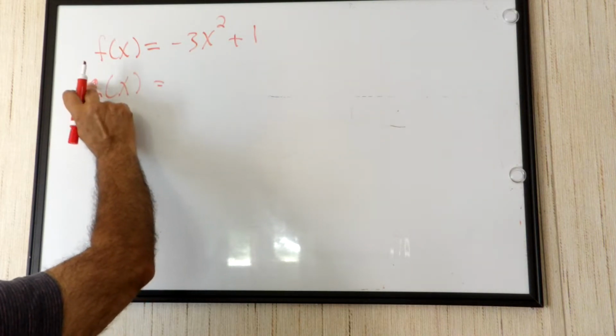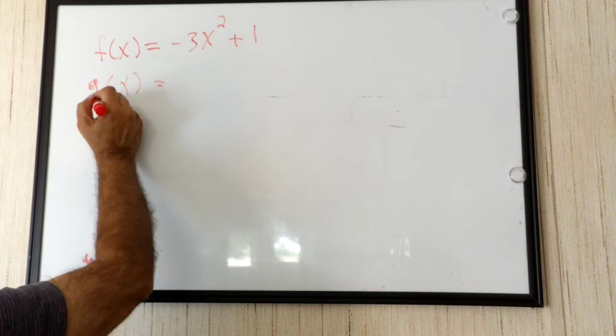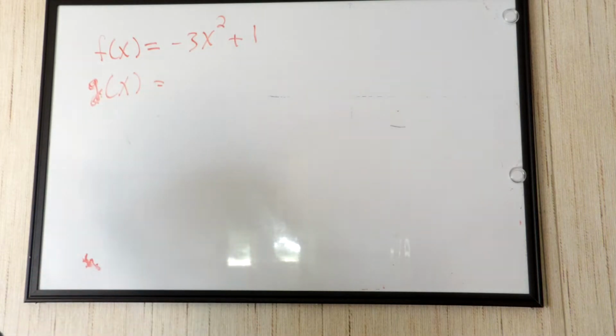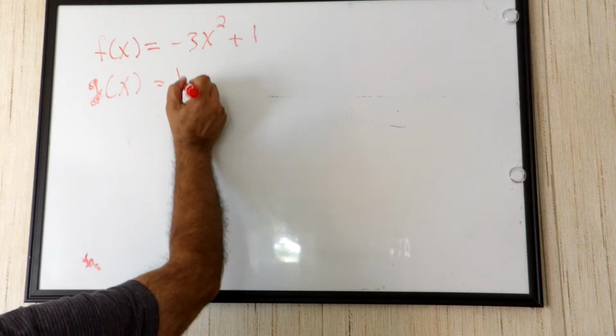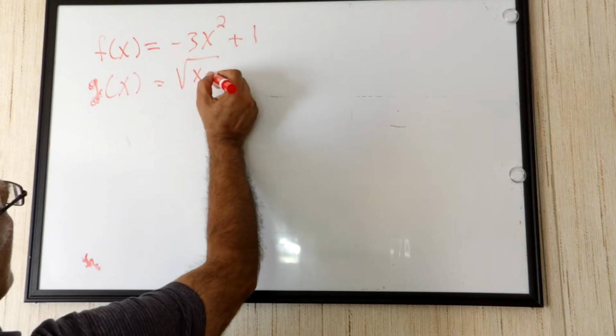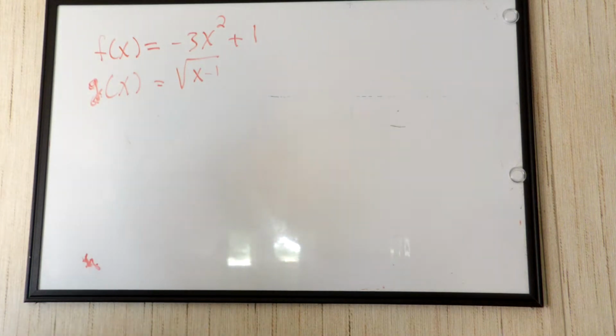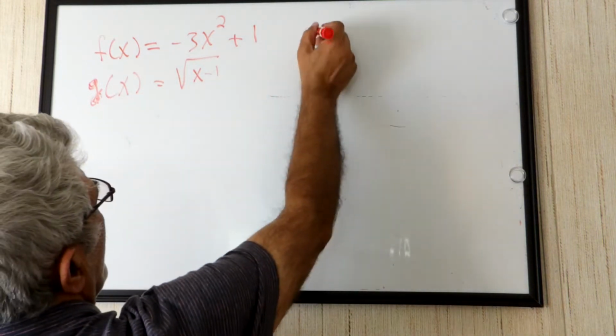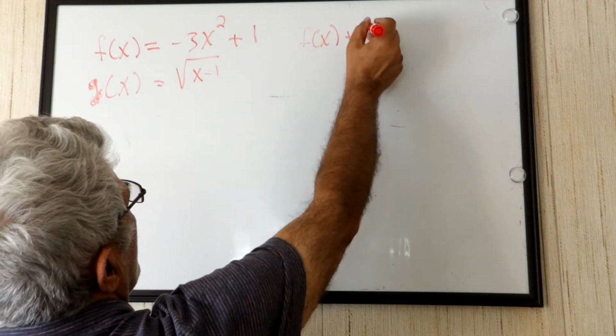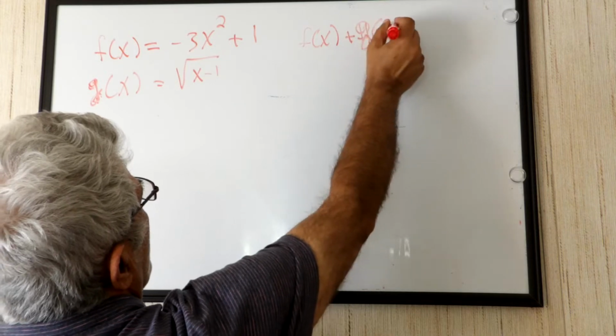These are the functions. g of x is equal to the square root of x minus 1. If now we are talking about combining these, we say what is f of x plus g of x?